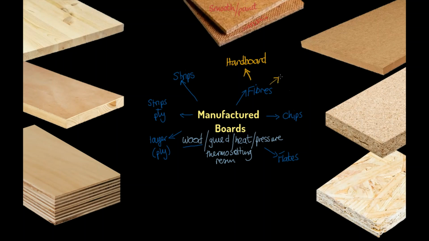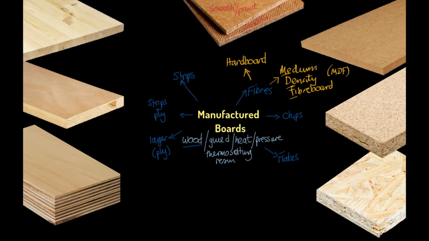So another use of fibers is with the medium density fiber board. Now you may well know this as MDF, because that's a common abbreviation that we use for this material.